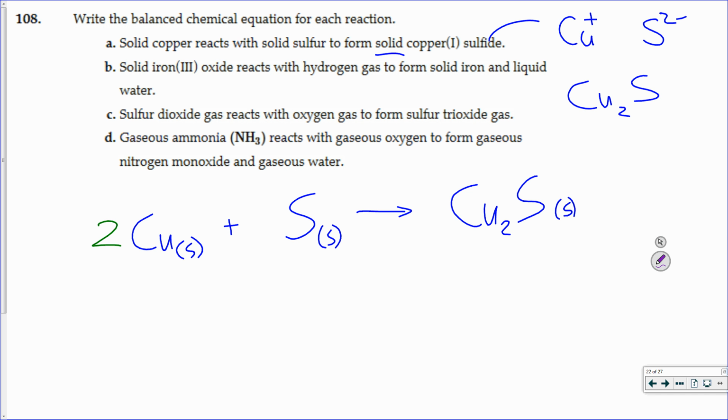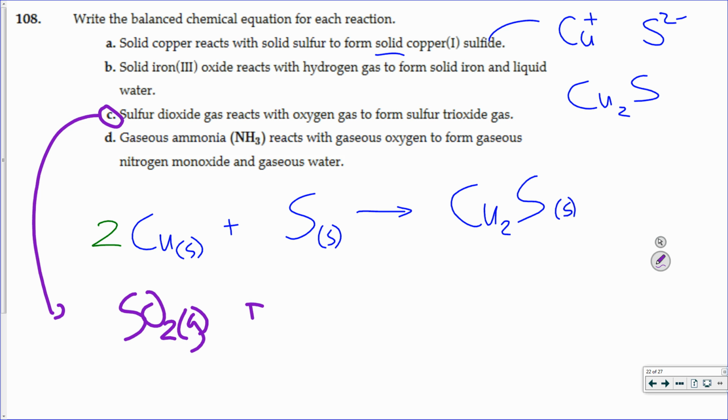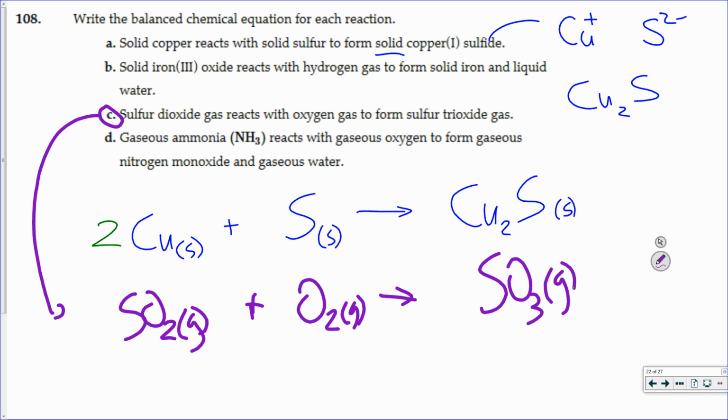Okay, let's do C. So I've got sulfur dioxide gas, plus oxygen gas, to form sulfur trioxide gas.